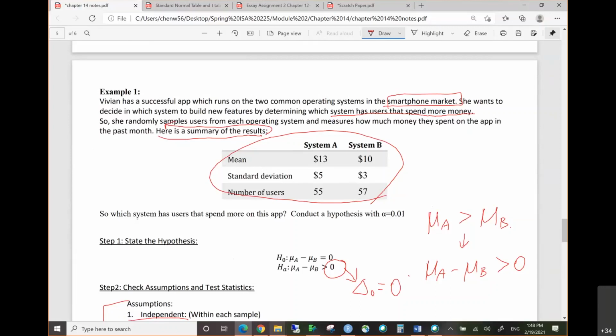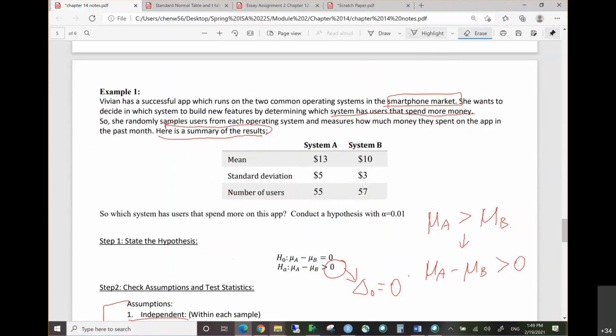Here is the summary of the results. You have one sample with 55 users, another sample with 57 users. This is the sample selected from system A, and this is another sample selected from system B. So this table is all about the 2 samples.